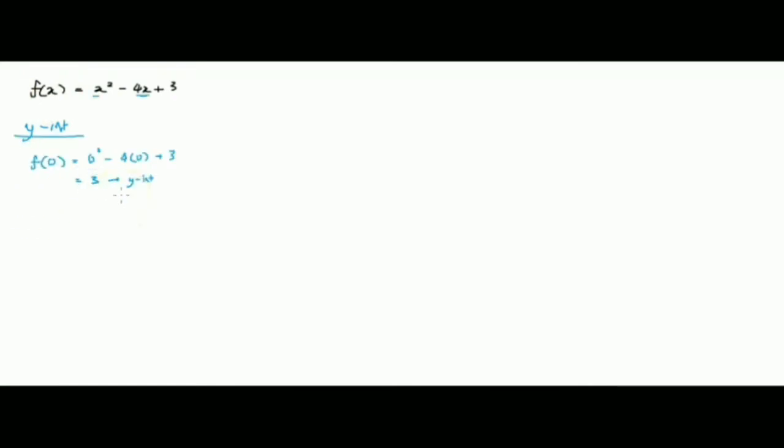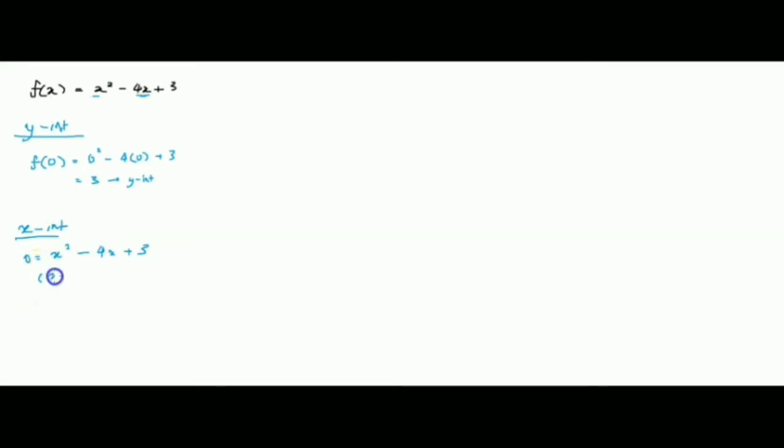For the next step, we are going to find the x-intercept. If we want to find the x-intercept, we must substitute 0 into y. So we just have to factorize it.